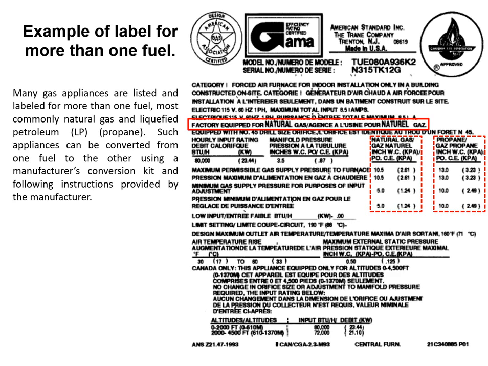The maximum permissible gas supply when applying propane or LP gas is 3.23 kPa. The minimum gas supply pressure is indicated here at 2.49 kPa. And the hourly input rating on the left-hand side for this particular appliance is 23.44 kW.